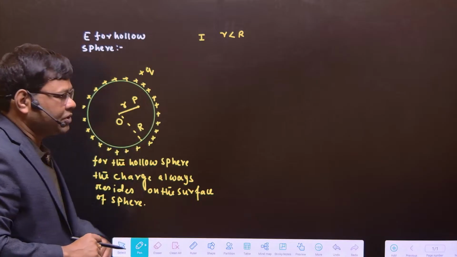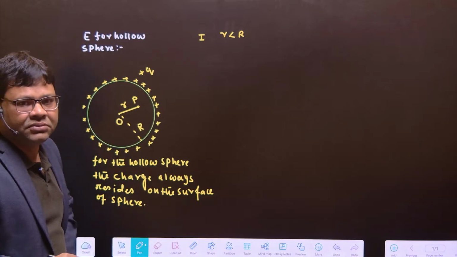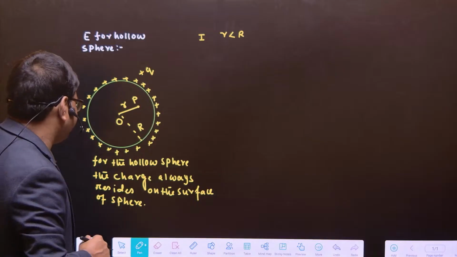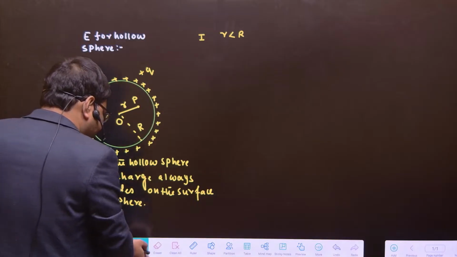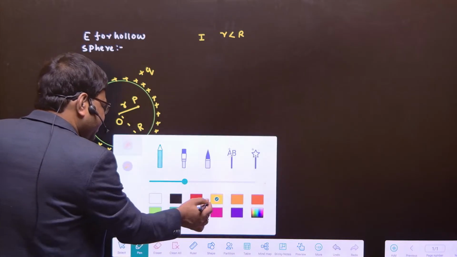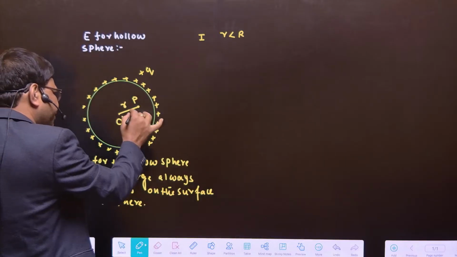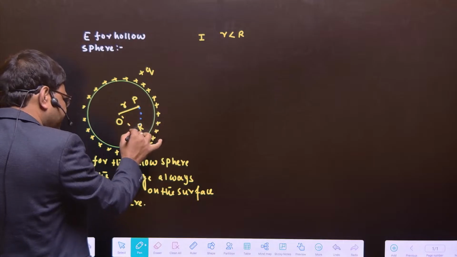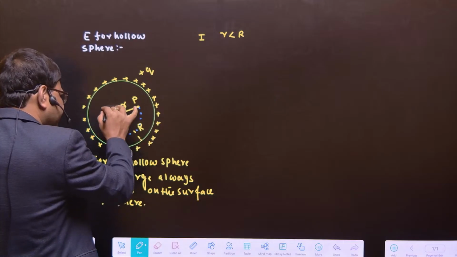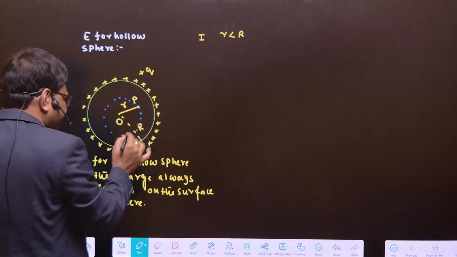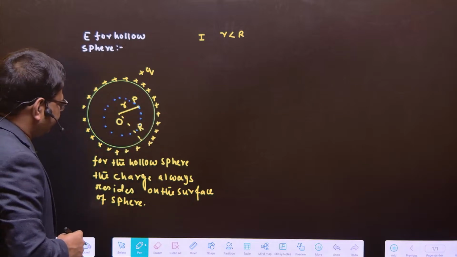At this point what will be the electric field? ठीक है ना? At this point what will be the electric field? So I have told in previous classes at which point we have to find the electric field intensity. At that point we have to draw, taking the distance r, the hypothetical surface, that is the imaginary surface, that is called the Gaussian surface.